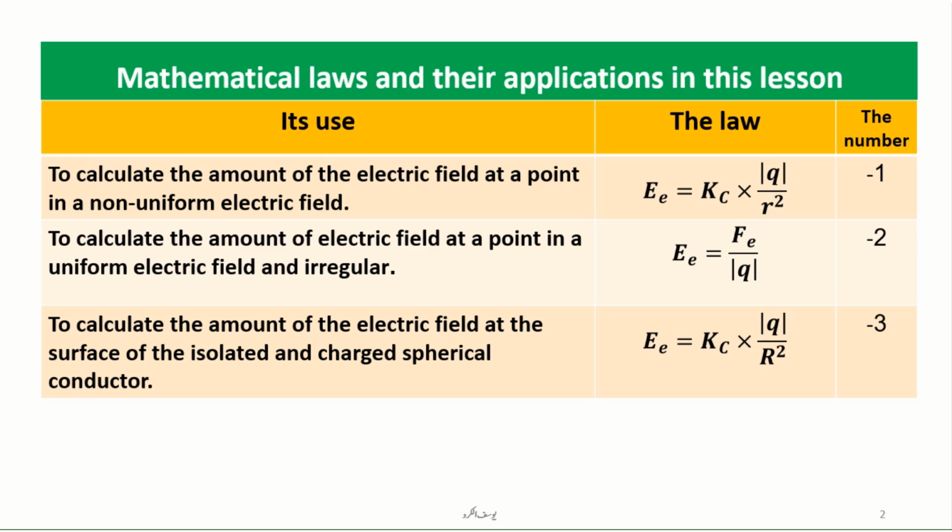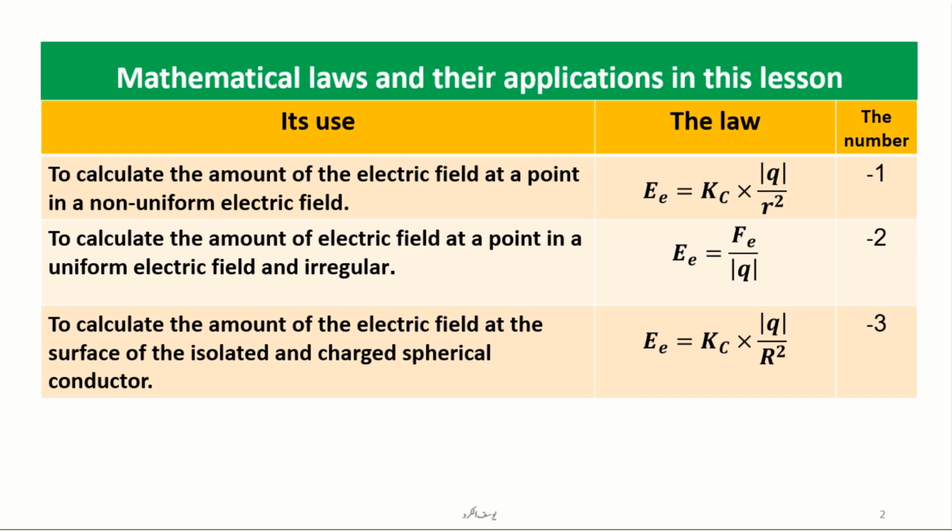The next one, to calculate the amount of electric field at a point in a uniform electric field, and irregular is the same: E equals F electric upon the magnitude of Q. It equals the magnitude of the electric field.